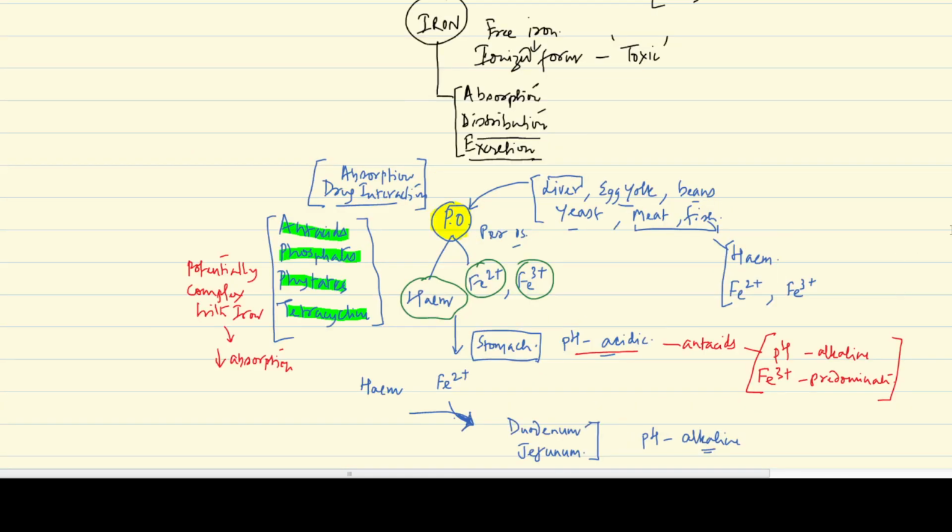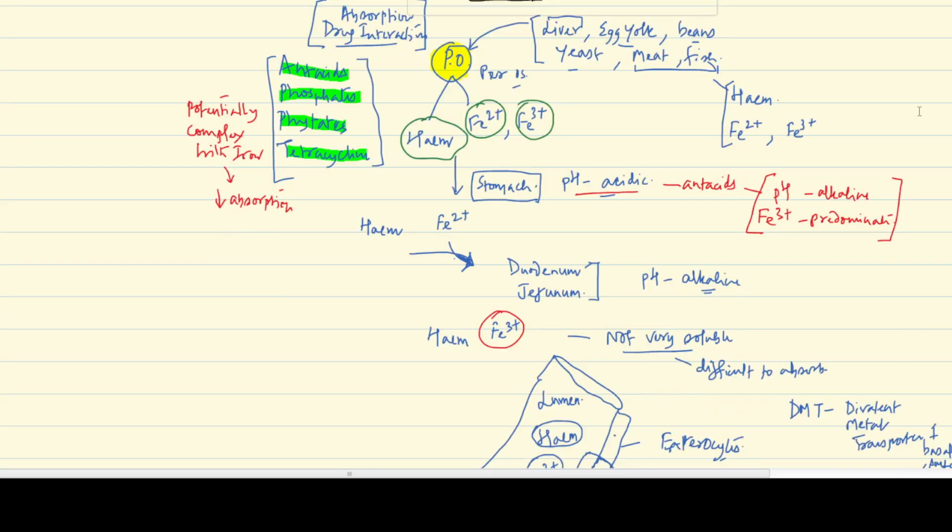So iron is absorbed, and it is absorbed in the ferrous form. That's the form in which there will be maximum absorption. The ferric form is not very soluble. And it is distributed after it reaches the blood.